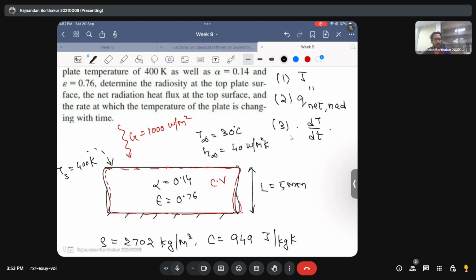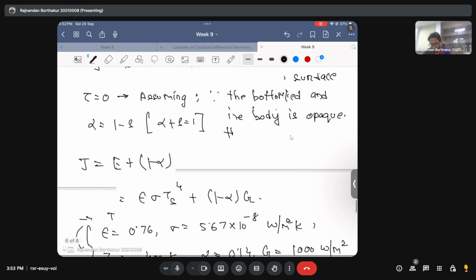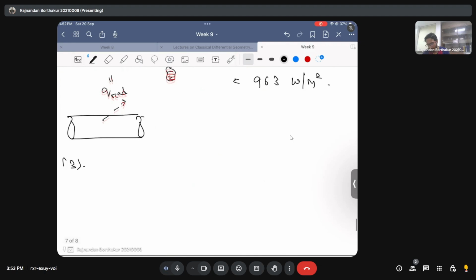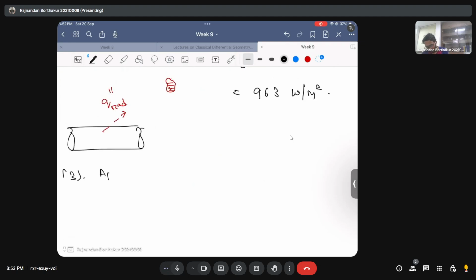Now, in order to evaluate the rate of change of temperature with time, we'll simply apply an energy balance in the control volume. And that is simple, right?